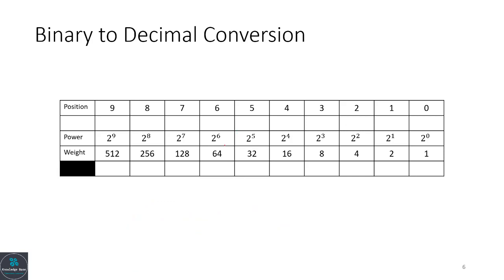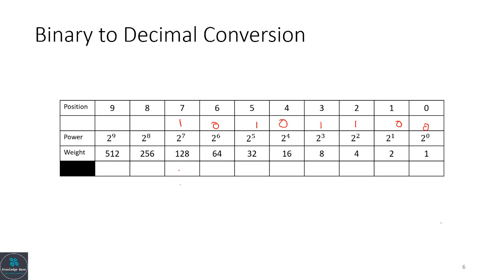Now let us use this table to do this one. So start from the right. The number is 0 0 1 1 0 1 0 1. What we have to do? We have to add the weightages.